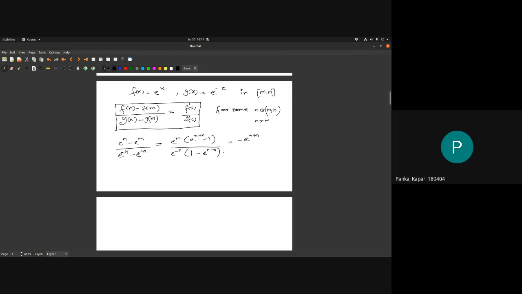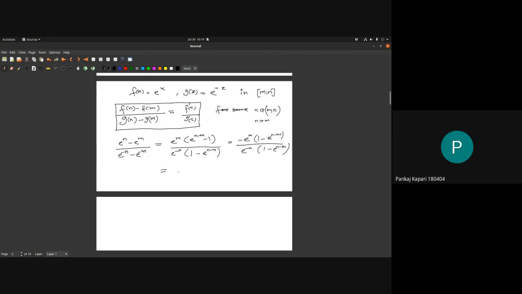Can you see why it is? Let me write again. Just take minus common from the numerator. You'll get 1 minus e to power n minus m, divided by e to power minus n times (1 minus e to power n minus m). Now you can see that this factor can be cancelled from the numerator and denominator.